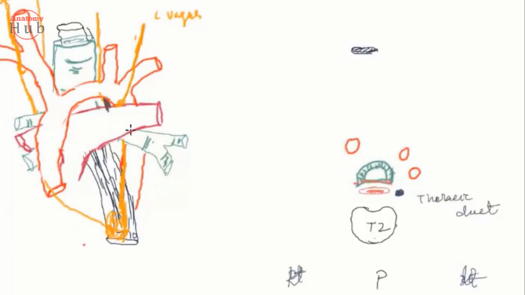So the vagus nerve makes two plexuses: one is at the root of the lungs, that is known as your pulmonary plexus, and the other is anterior to the esophagus, that will be your esophageal plexus. So two plexuses form over there, right?